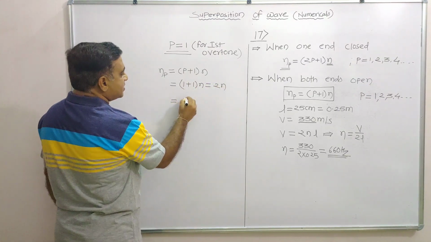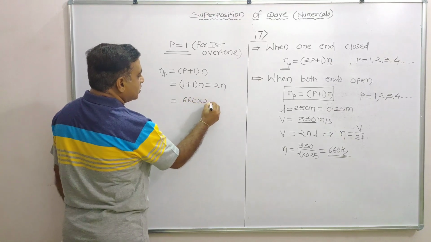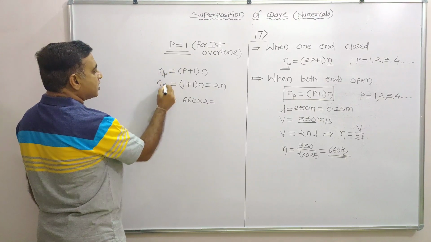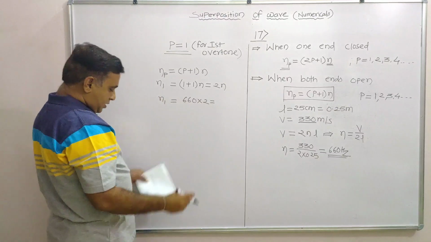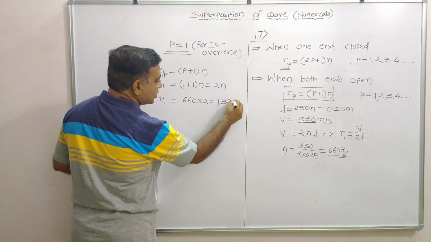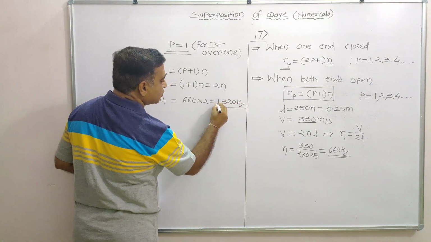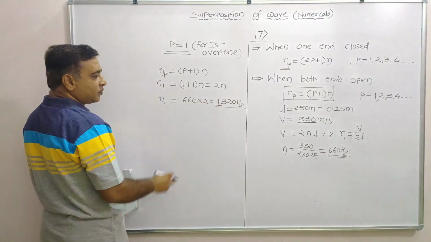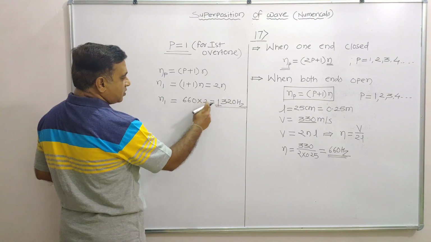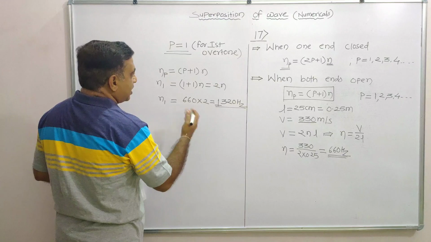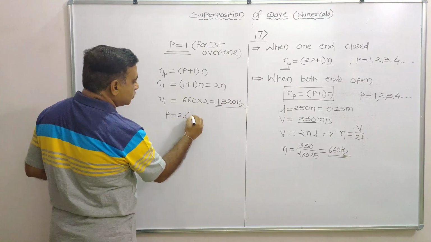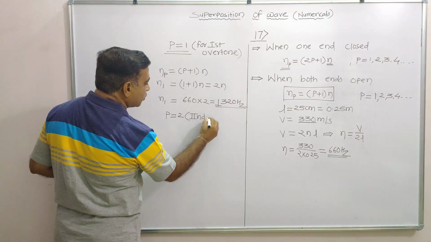So 660 into 2 is how much for the first overtone? It comes out to be 1320 hertz after multiplying by 2. This is your answer. 6 2s are 12, carry 1, 6 2s are 12 plus 1, 13. Here it is for the first overtone. What about the second? For the second overtone, P is equal to 2.